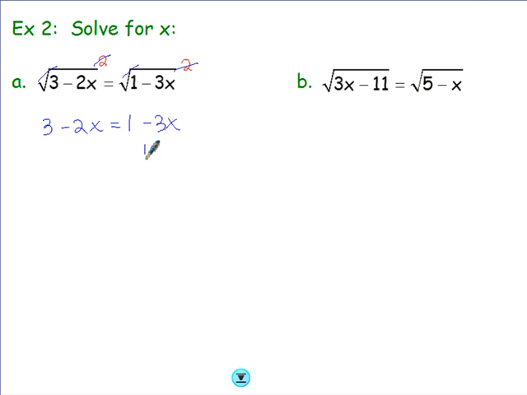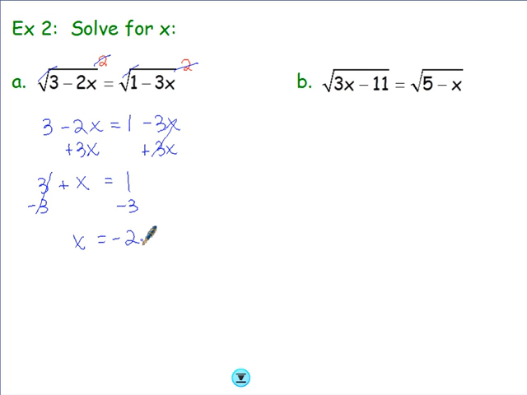I'm going to add 3x to move it over here with the other x. That leaves me with 3 plus an x equals 1, because negative 2 plus 3 leaves you with just 1x. I'm then going to subtract 3 from both sides. That leaves me with x equals 1 take away 3 is negative 2.